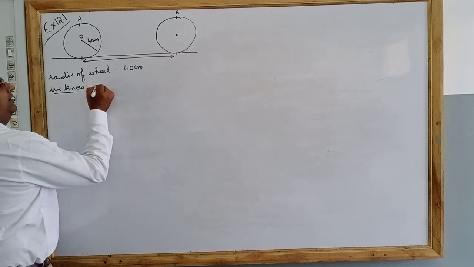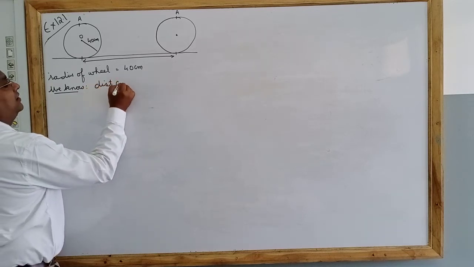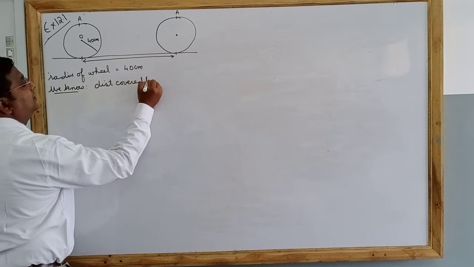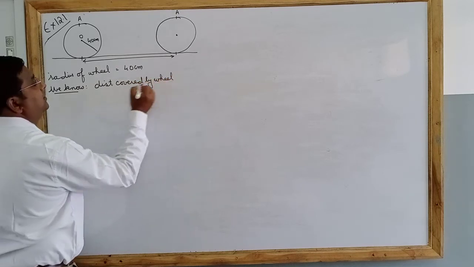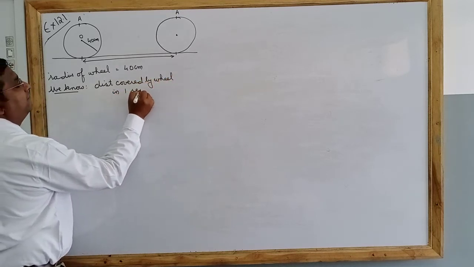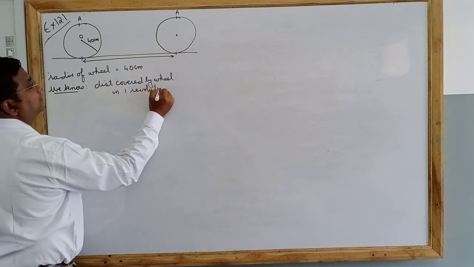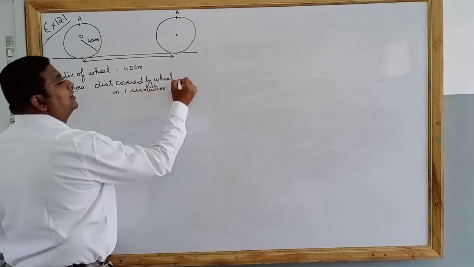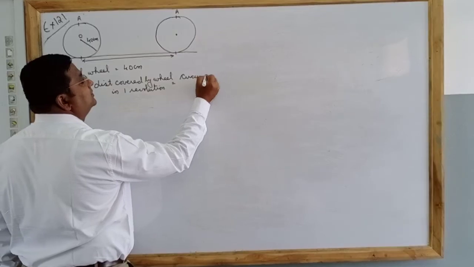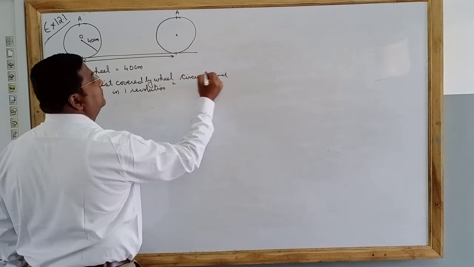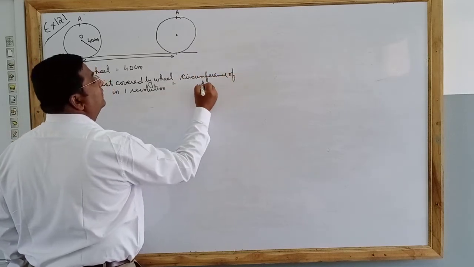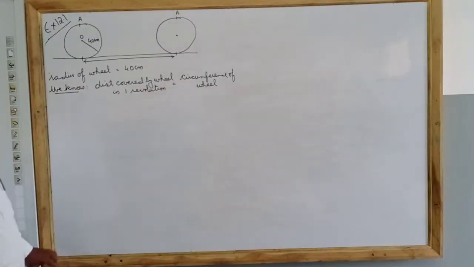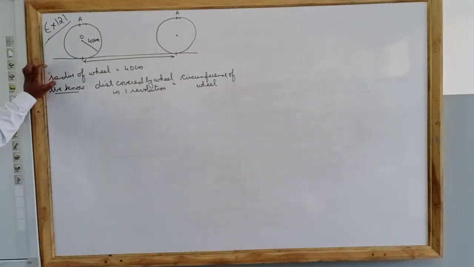The distance covered by the wheel in one revolution is equal to the circumference of the wheel. Agreed or not? One circumference is equal to the distance it has covered in one revolution.